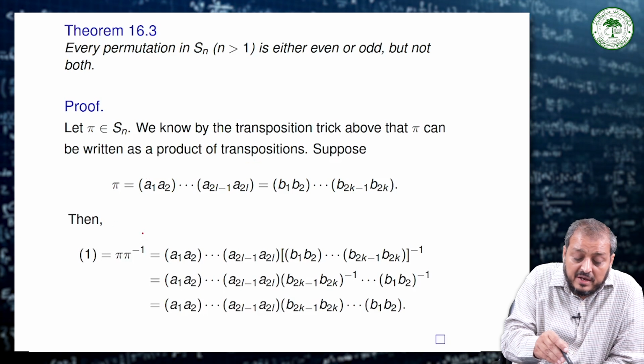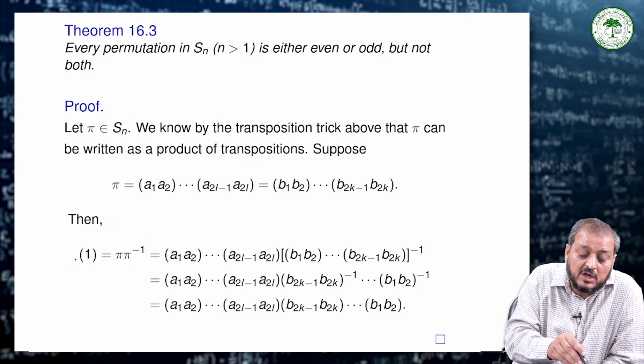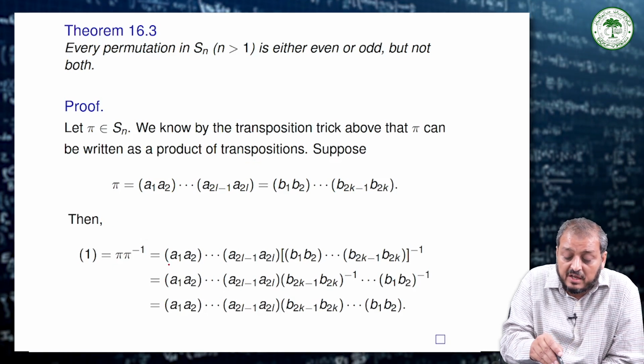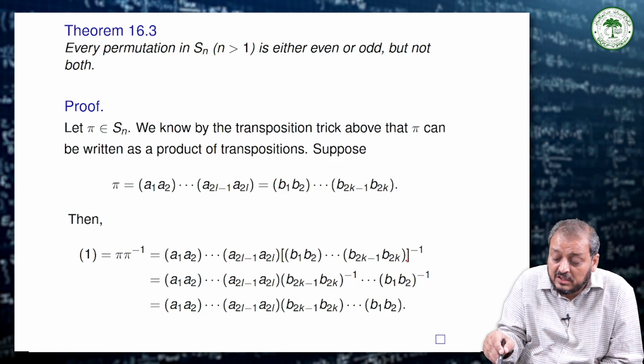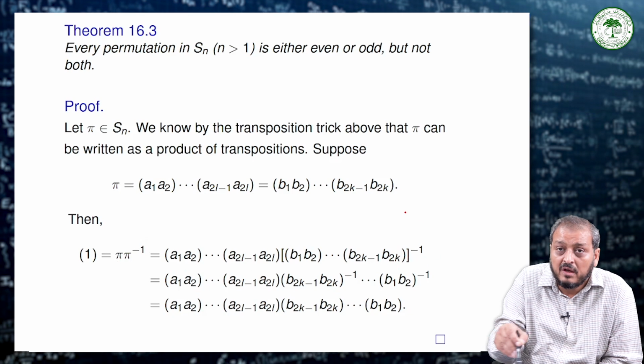Now we take π π⁻¹ equal to the identity. So we write a1 a2 ... a_{2l-1} a_{2l} times the inverse of b1 b2 ... b_{2k}, and the inverse reverses the order.